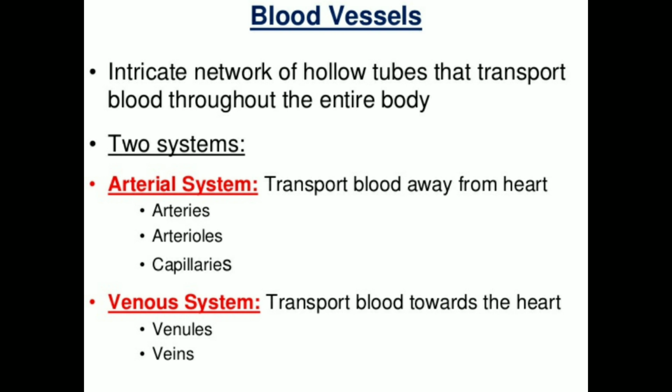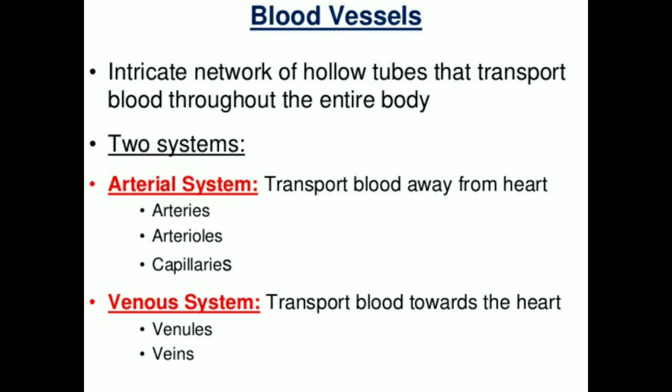It transports blood away from the heart to the other organs and tissues of the body. The arterial system consists of arteries, arterioles, and capillaries.